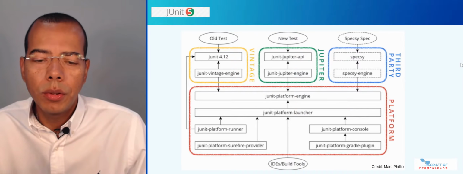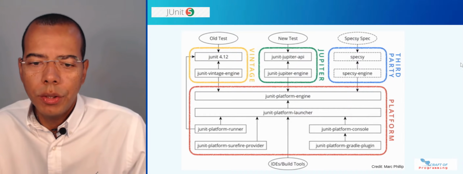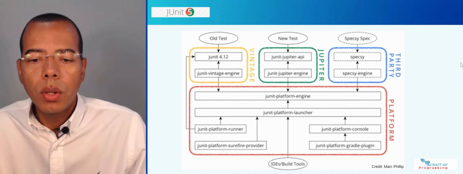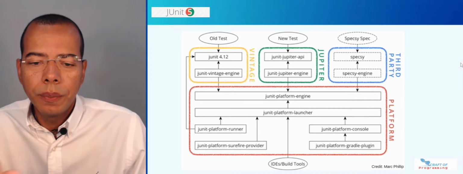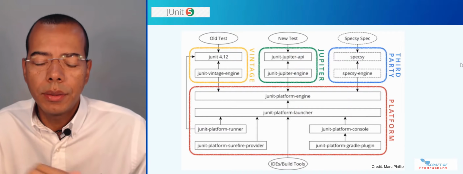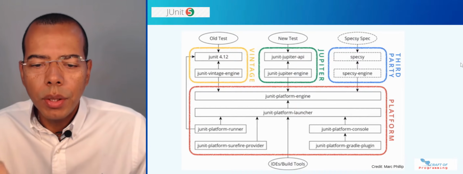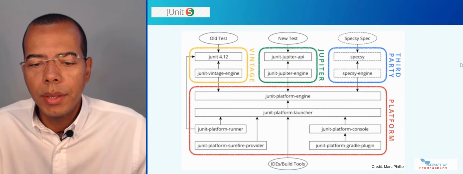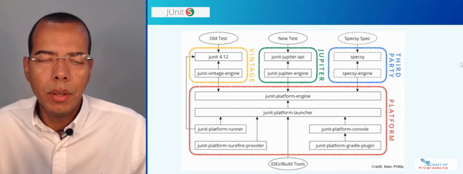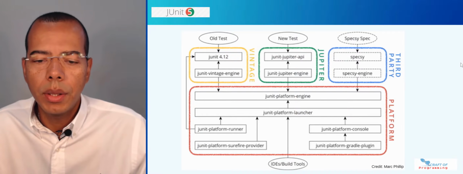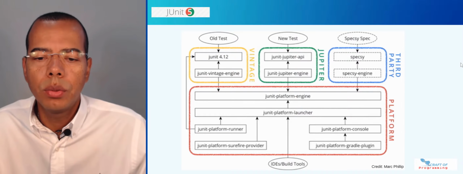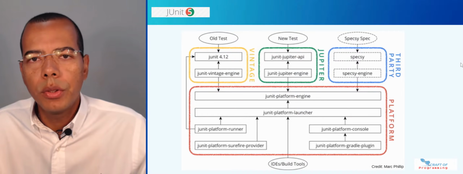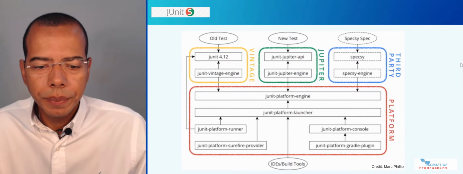The implementation of those interfaces is in the Jupiter engine, which then talks to the platform engine to actually run your tests. The JUnit platform launcher is the way to launch the tests, and that's what an IDE like IntelliJ or Eclipse will use to launch your tests. They give the tests to the launcher, which then tells the engine to run them.